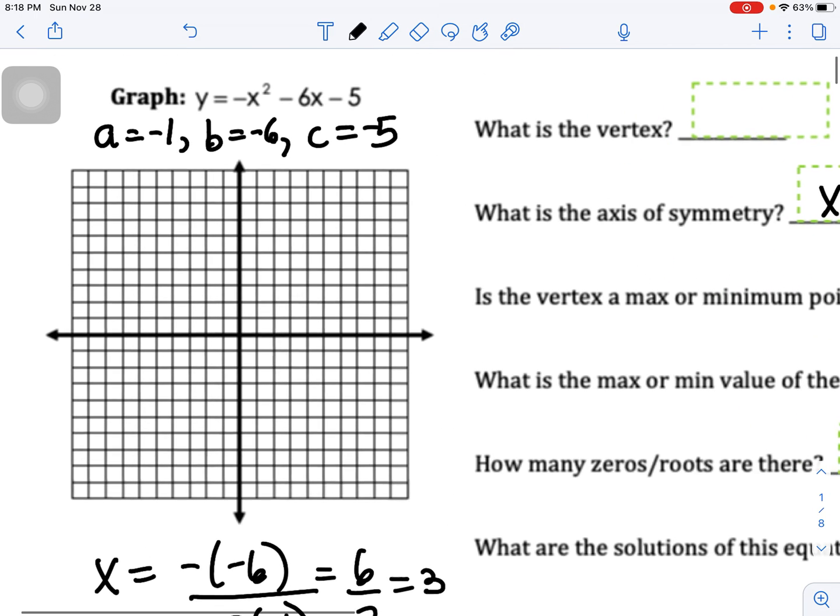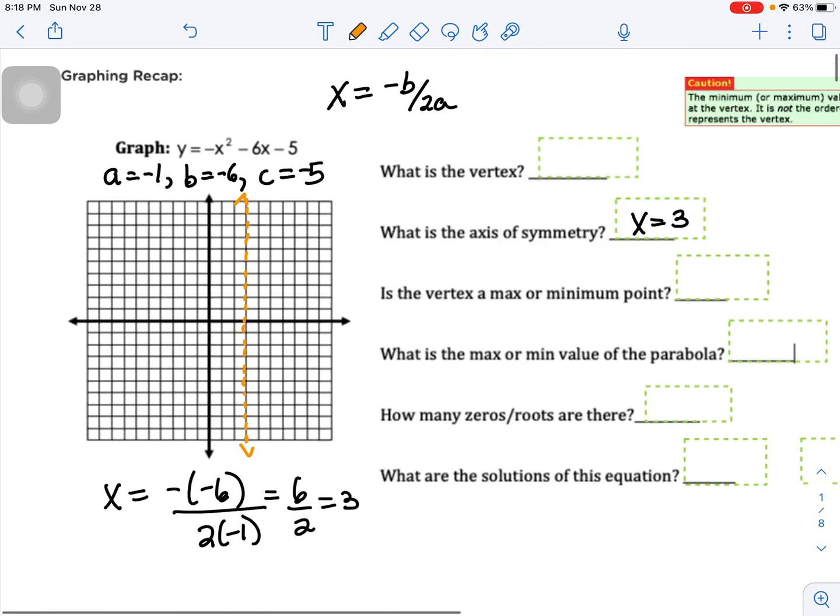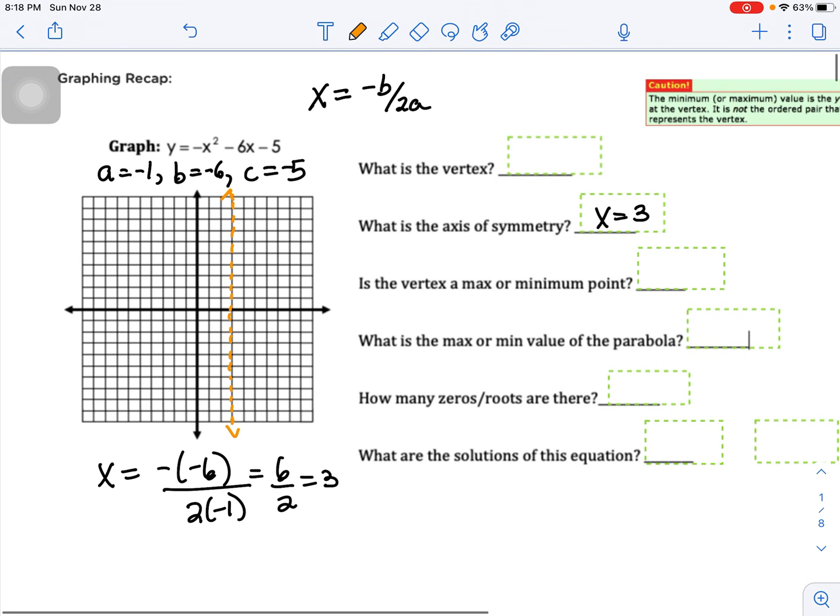That means I'm going to come over to my graph and put in a vertical line at x equals 3. I know that the vertex of my parabola will be somewhere on that line, and now I'm going to figure out where.